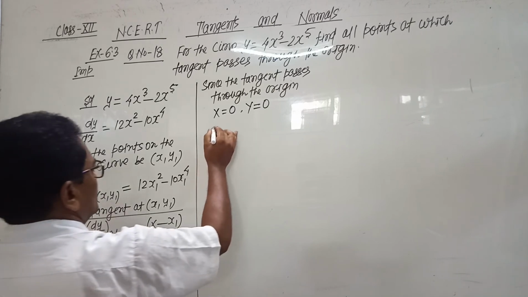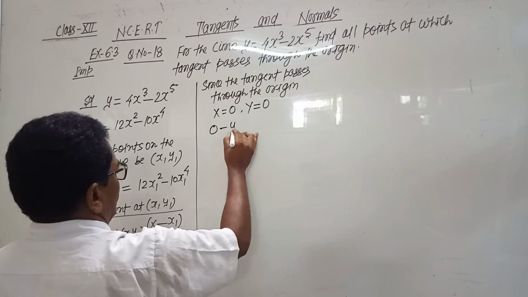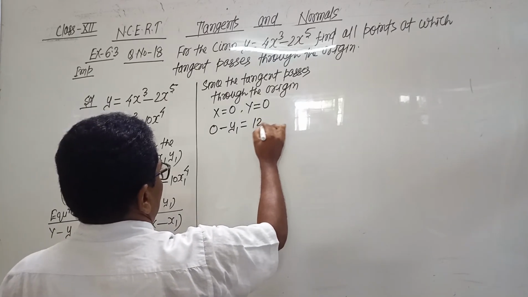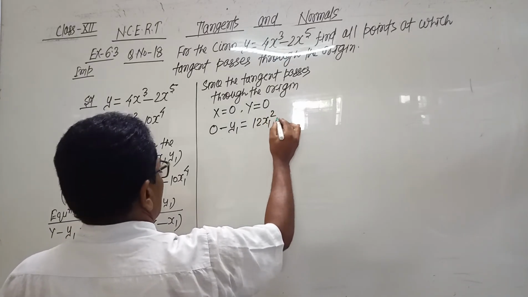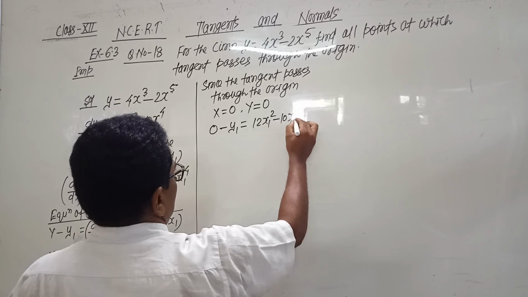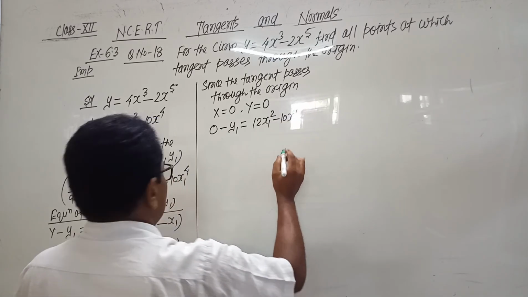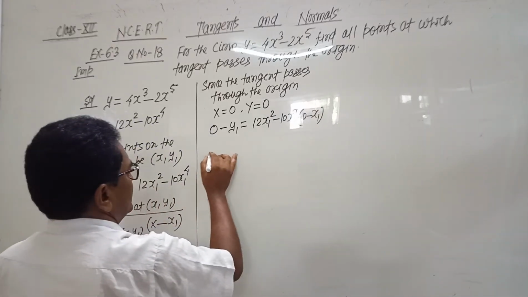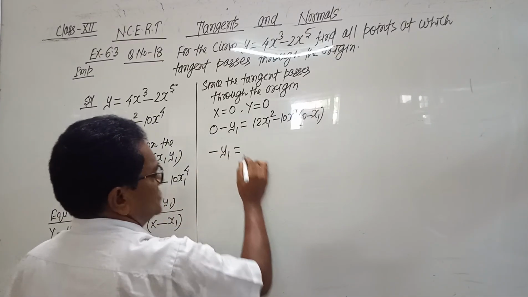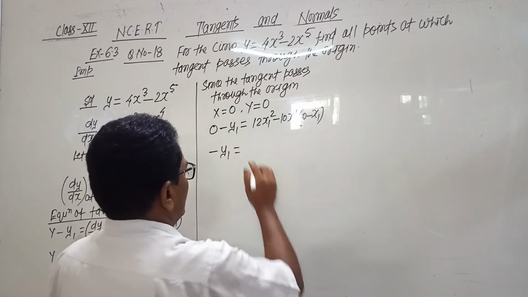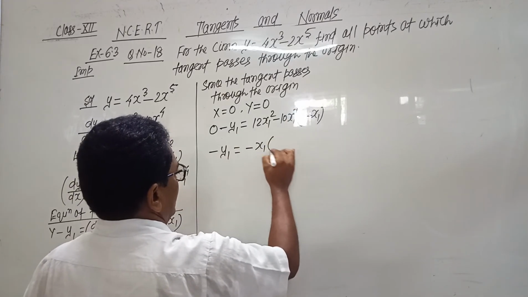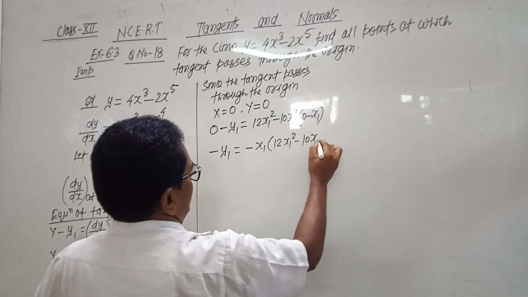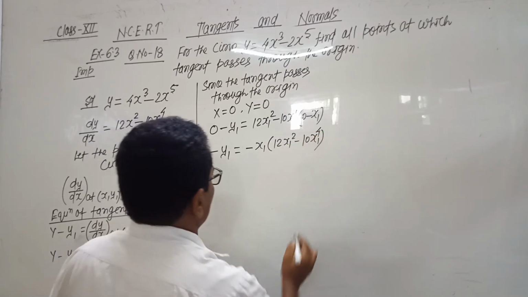So we put 0 minus y1 equals (12x1 square minus 10x1 raised to the power 4) times (0 minus x1). So we get minus y1 equals minus x1 times (12x1 square minus 10x1 raised to the power 4).